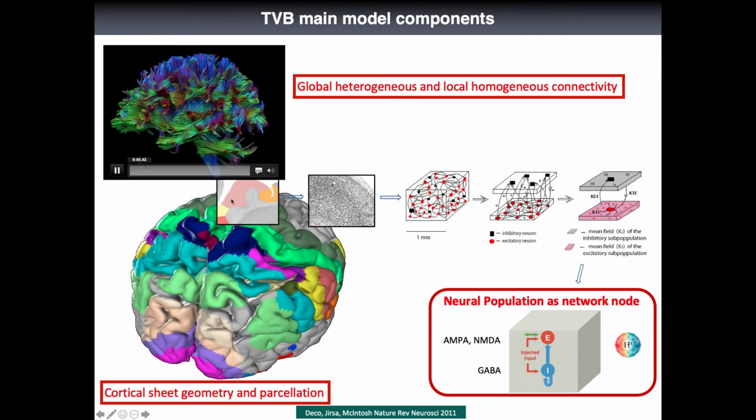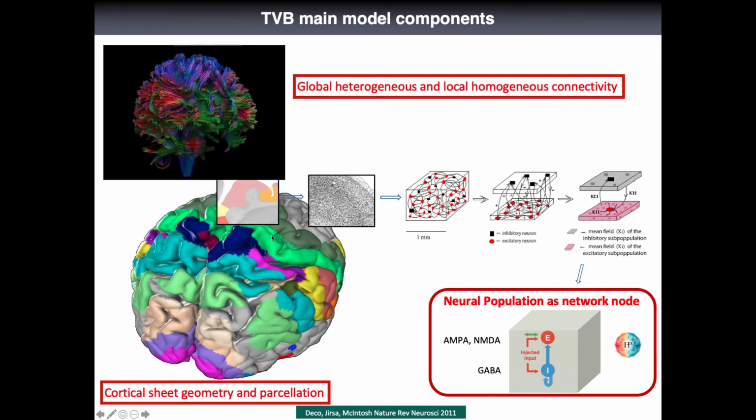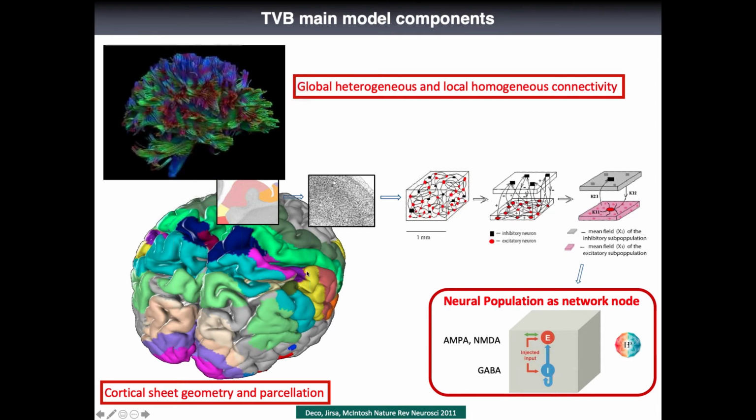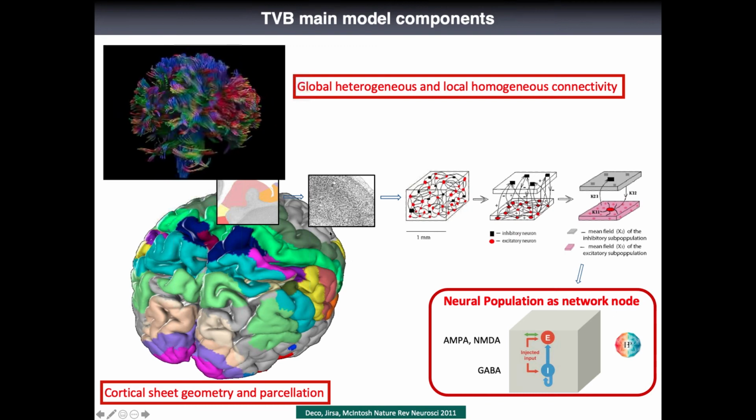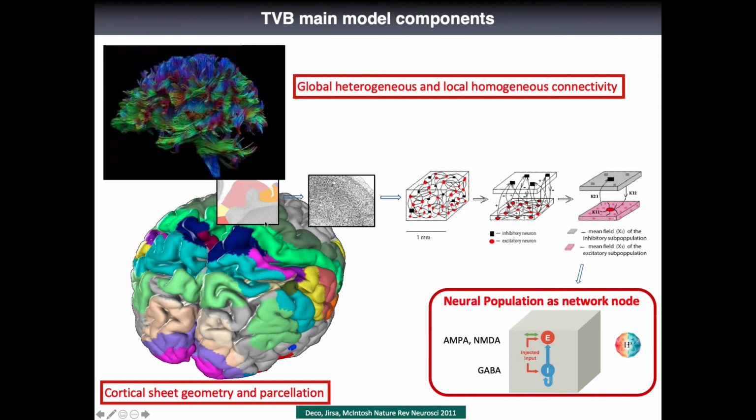So bringing all these things together, what we have is, on the one hand, the geometry of the brain, the cortical sheet, which is very important for our forward models for measurement. We have a homogeneous cortical sheet, which means also possibly homogeneous local connectivity around each neuron.